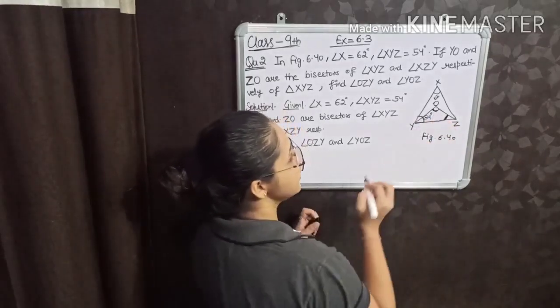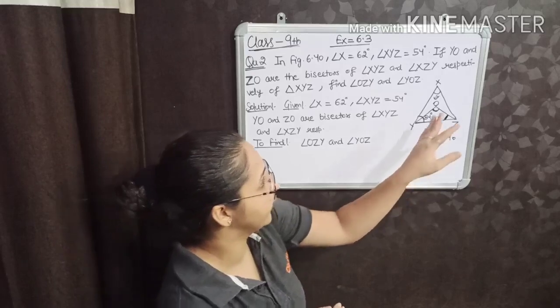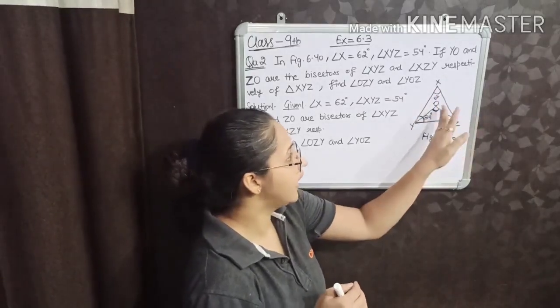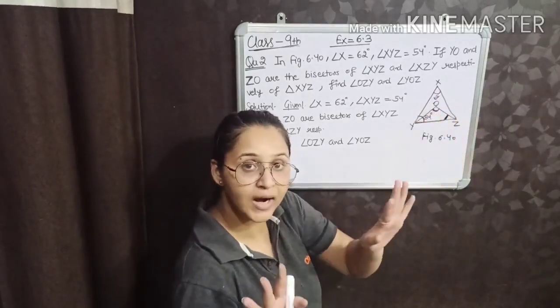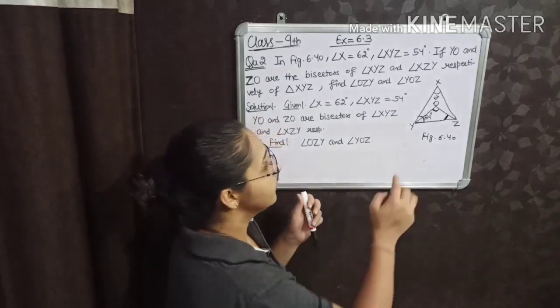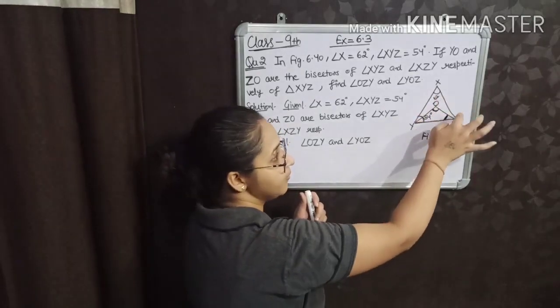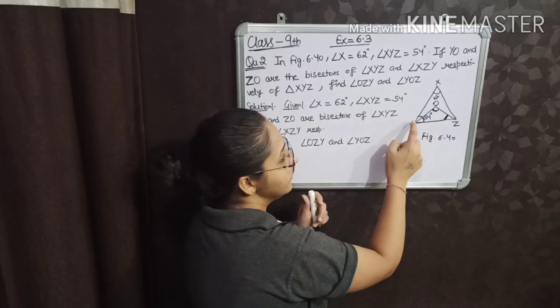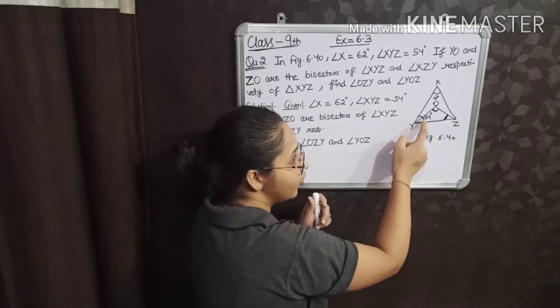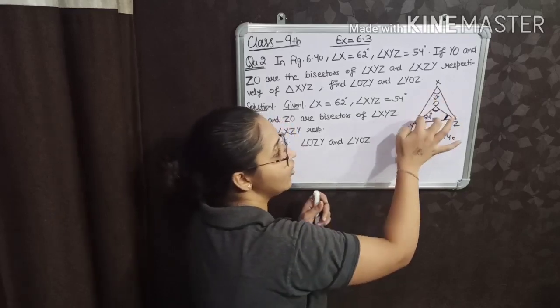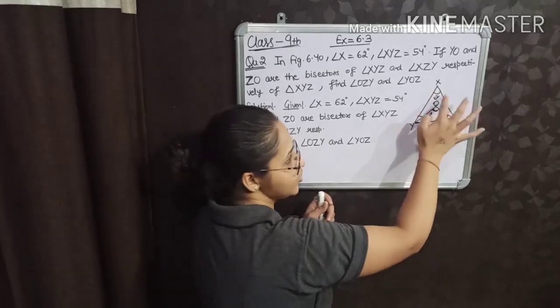Okay. Now see, first of all, there are two triangles XYZ and OYZ. Two triangles are there, and one angle is given of this bigger triangle, and this angle 54 degree is second angle of this bigger triangle XYZ.